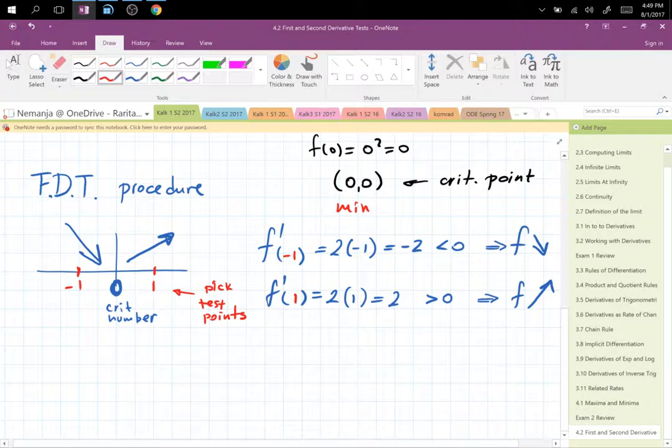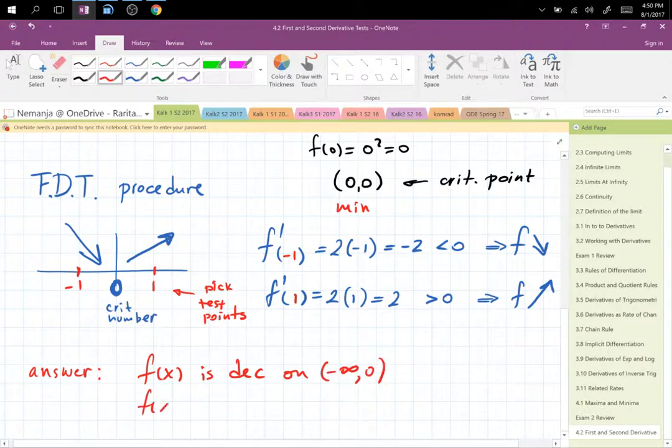I forgot to write the most important part, and that is the answer. So the answer is f of x is decreasing on negative infinity to 0. f of x is increasing on 0 to infinity. That's actually your answer.